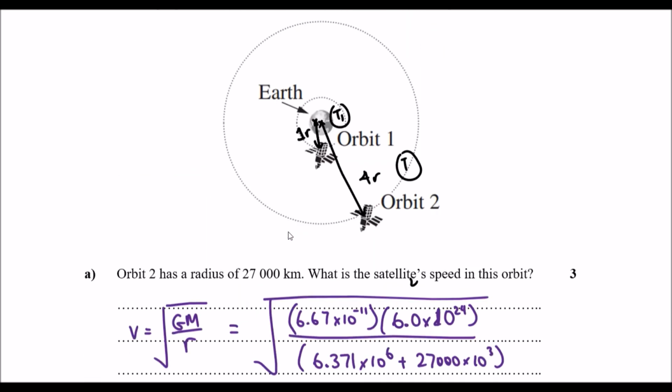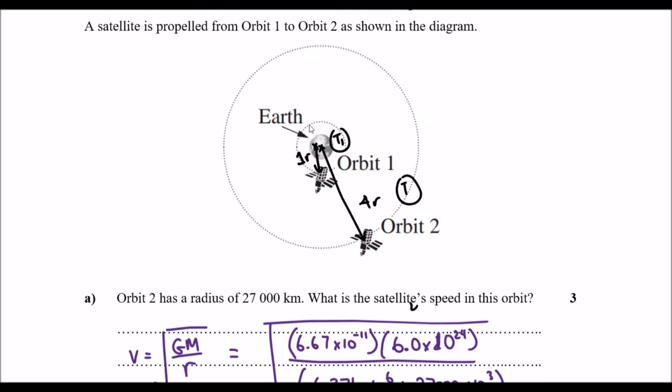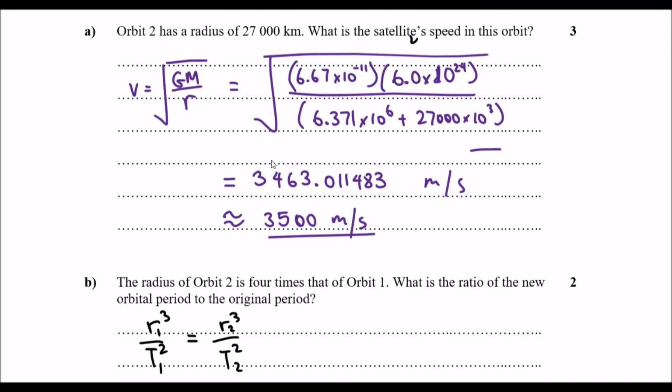What we know is if we have an object rotating around the same celestial object, the constant r cubed over T squared will be the same. They might not have the same radius, they might not have the same period, but when we calculate the constant for it, they will be the same, so long as it's orbiting the same object.